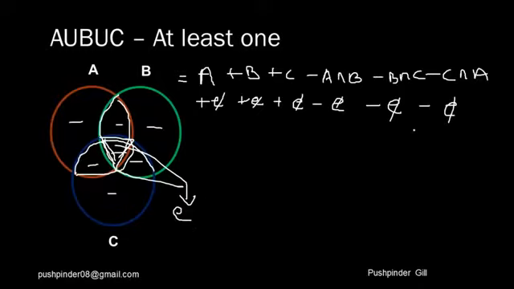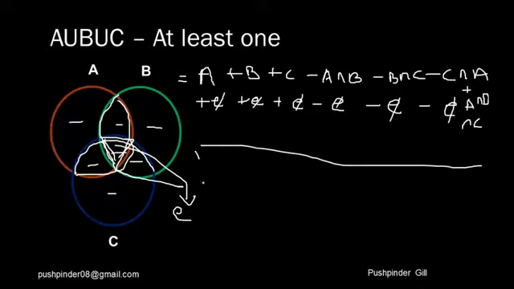So for me to have an efficient formula, I would need to add it once more to get the complete formula. So the complete formula would be adding A intersection B intersection C. So what is at least one, guys?